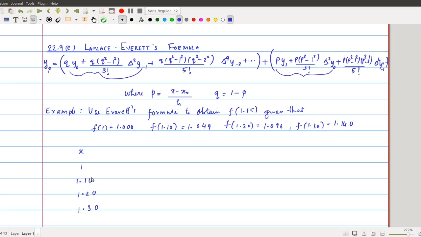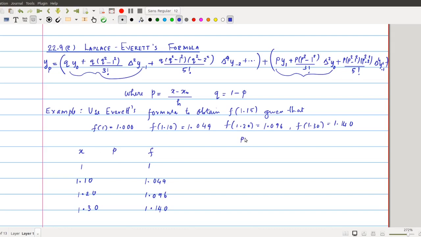We have only 4 points, and the corresponding function values are 1.049, 1.096, 1.140. Before calculating the rest of this table, we write p.